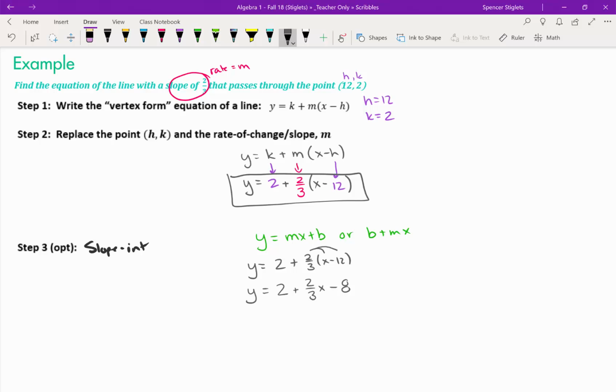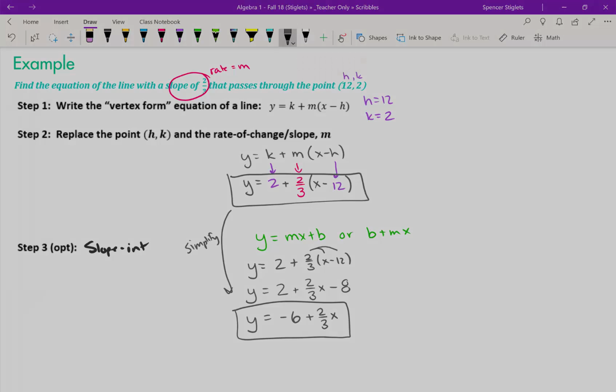And then we just simplify. 2 minus 8 is negative 6, plus 2/3 x. That is slope-intercept form. So that was actually really, really easy. All we had to do was simply distribute, aka simplify. So use the order of operations and combine your like terms.